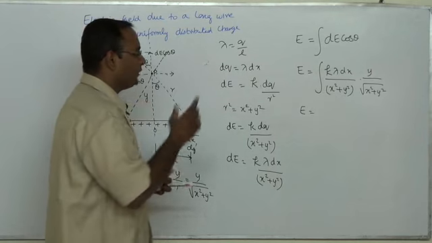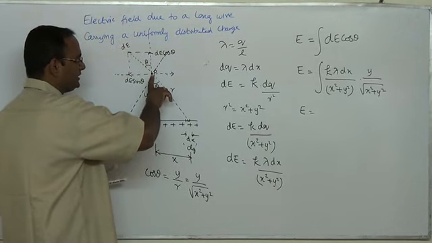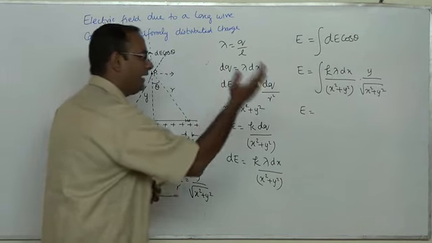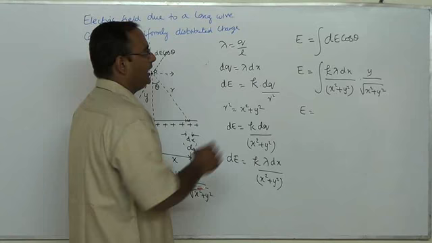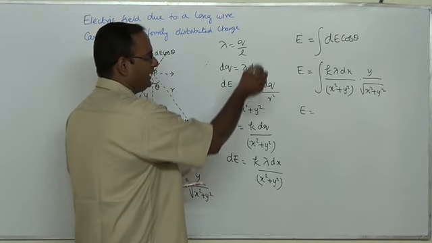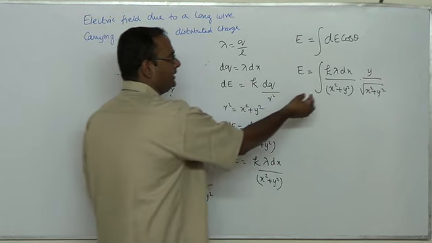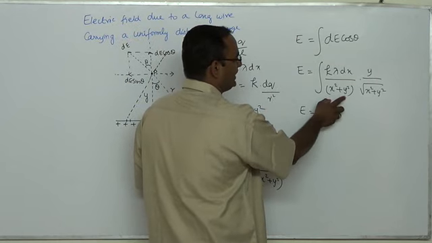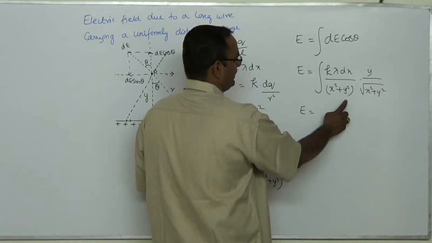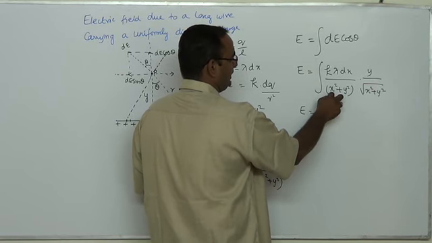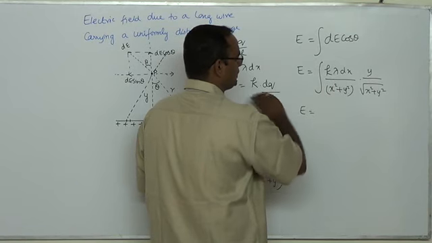Y, this distance is fixed because we are not going to move this point. So y we can take outside, and x is a variable, therefore dx should be inside the integral. In x square plus y square, even though y is there, it is in the summation, so it is a total term which contains the variable x square, and hence it should not be pulled outside.